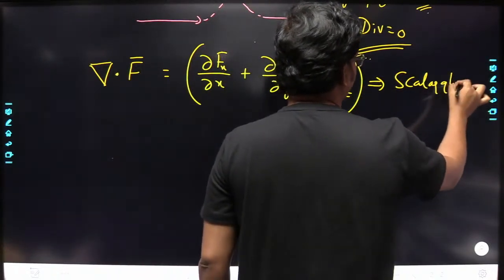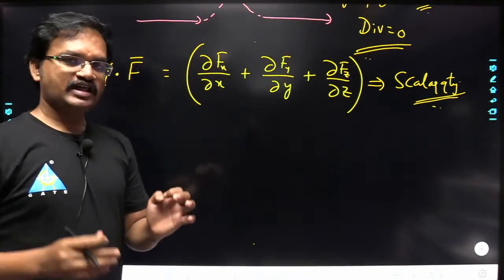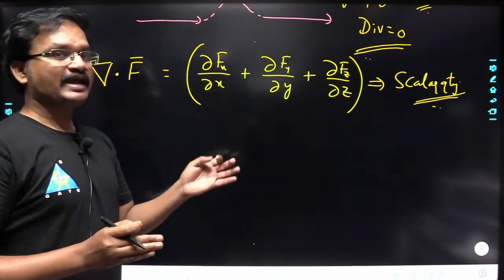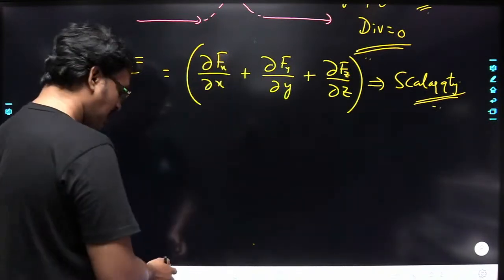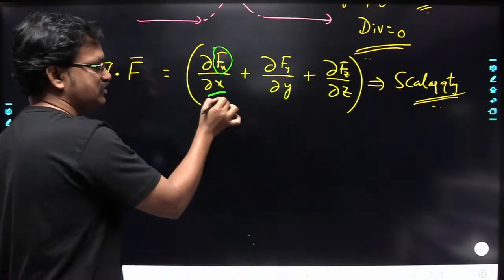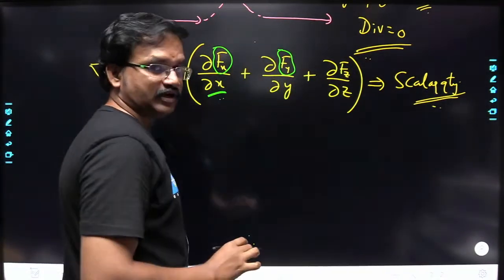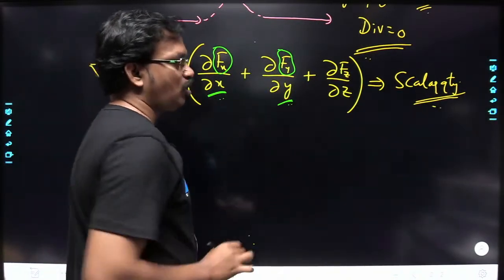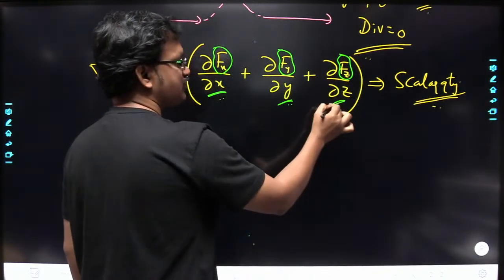So how to determine the divergence of a given vector field? What you have to do? Whenever they have given the vector field, take the x component of that vector field and differentiate that with respect to x, plus take the y component of the vector field and differentiate it with respect to y, and take the z component of the vector field and differentiate with respect to z.